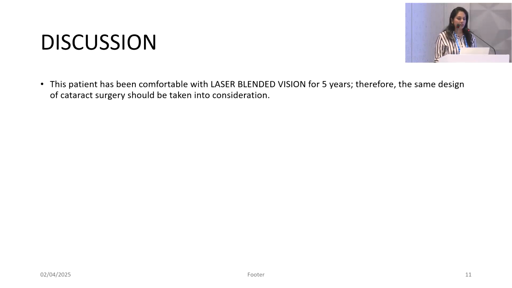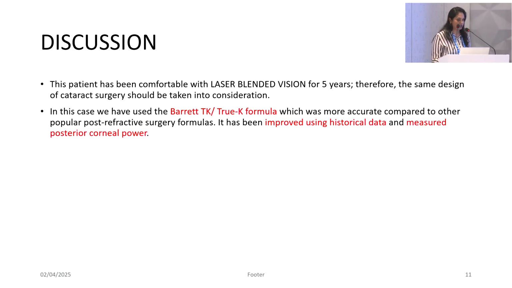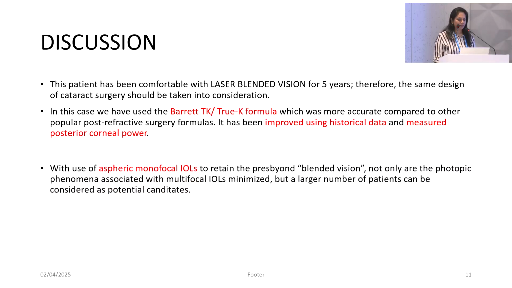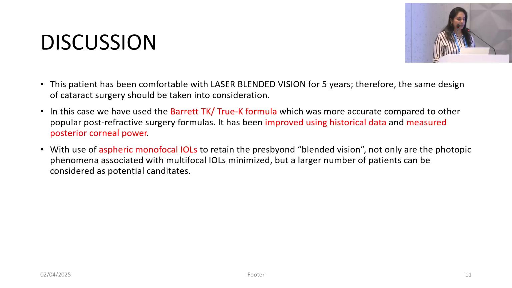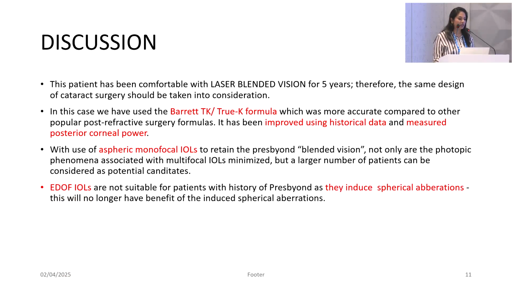The patient had been comfortable with the laser blended vision correction for 5 years, so we planned the similar thing to be done with the cataract surgery also. We used the Barrett True-K TK formula. An aspheric monofocal IOL was used so as not to induce any new spherical aberrations, because once new spherical aberrations are induced, whatever depth of field is there for her will not be there anymore.